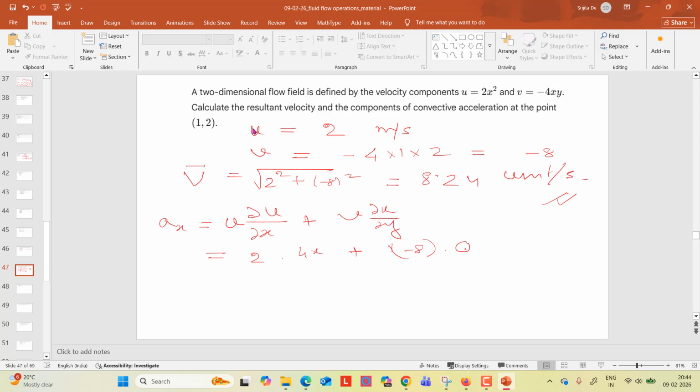So 2 into 4 is 8 units per second square.